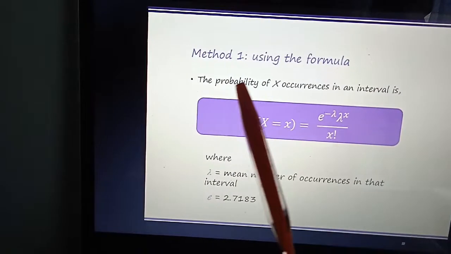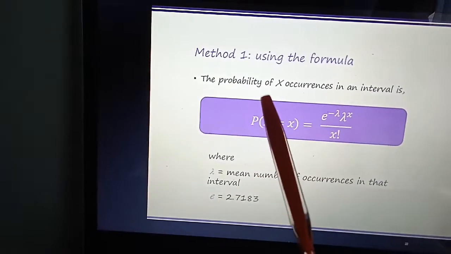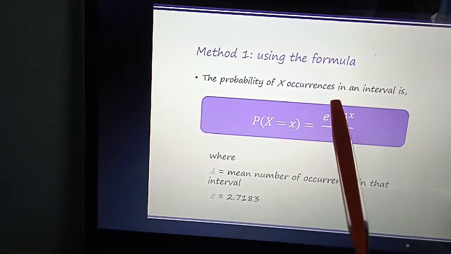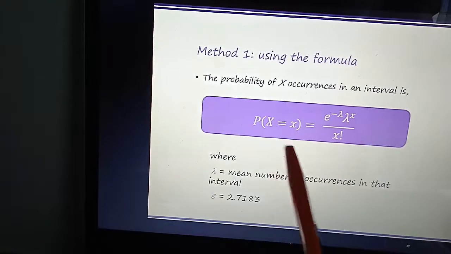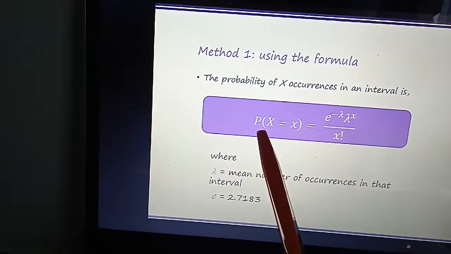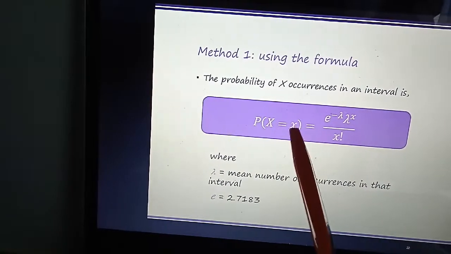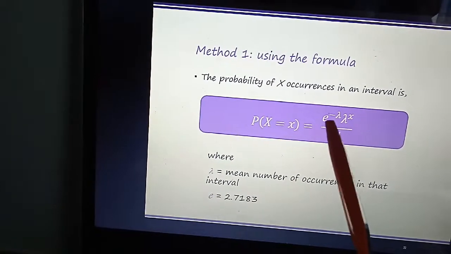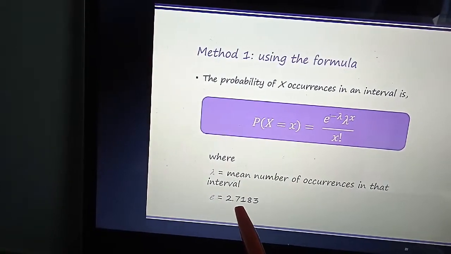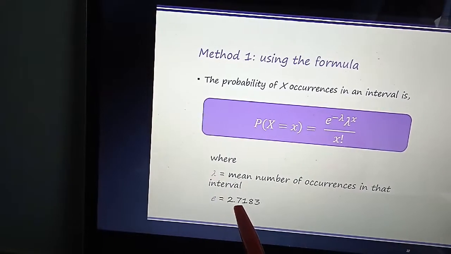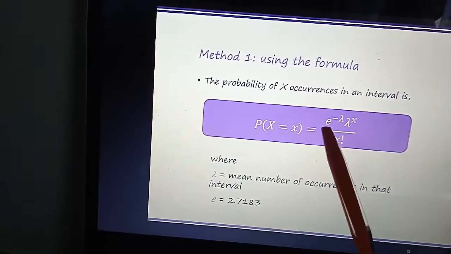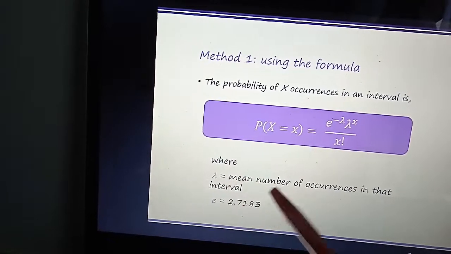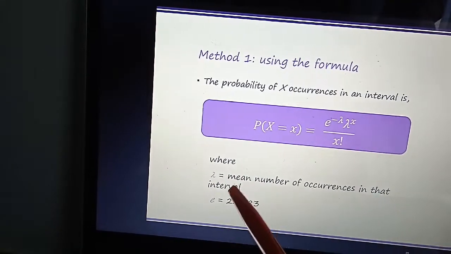Method 1, using the formula. The probability of x occurrences in an interval for the Poisson probability distribution is given by this formula. The probability that the random variable x equals a value x is e, where e is a constant given by 2.7183, raised to the power negative lambda, where lambda is the mean number of occurrences in that interval.